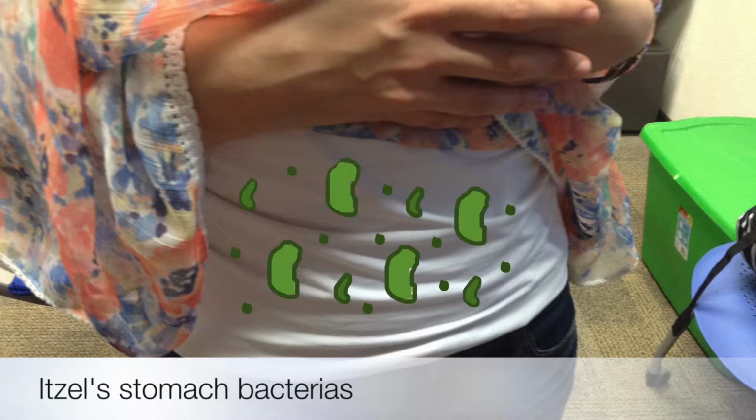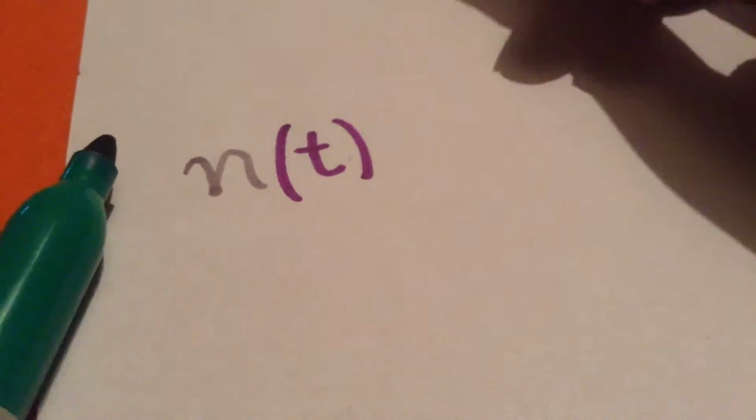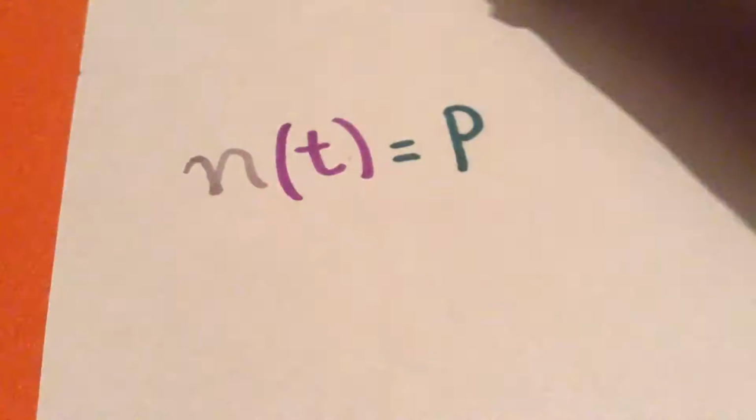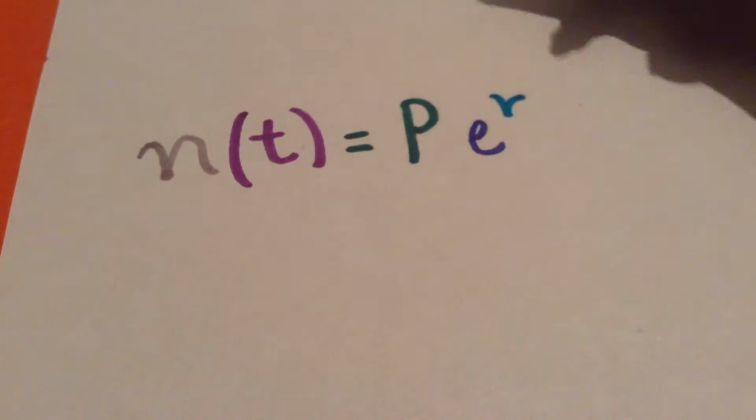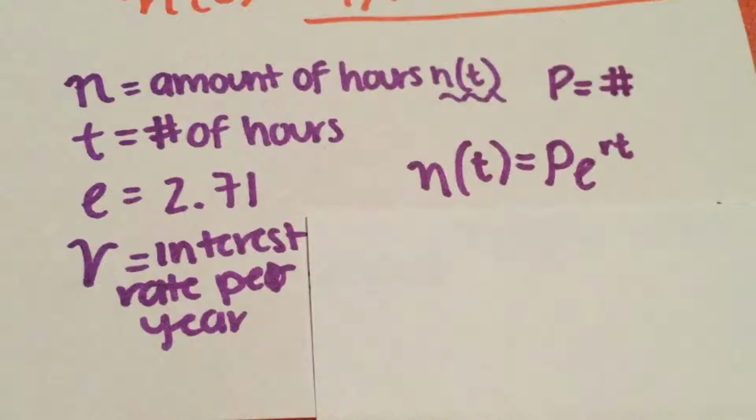We're going to use the formula for interest compounded continuously. That is n of t equal p Euler at the power r multiplying t. The variables are: n of t is the amount of bacteria, t is equal to the number of hours, e or Euler is equal to 2.71, r is the interest rate per hour, and p is the principal.